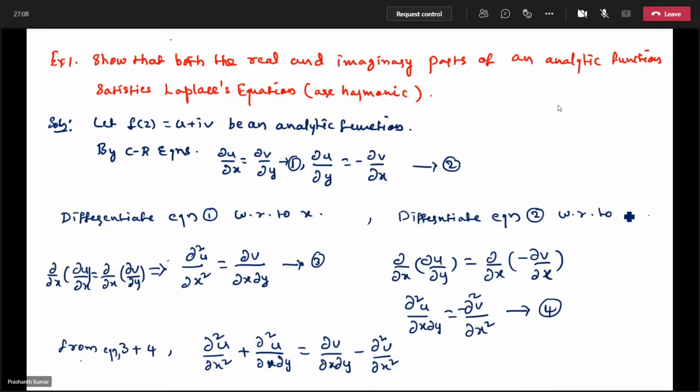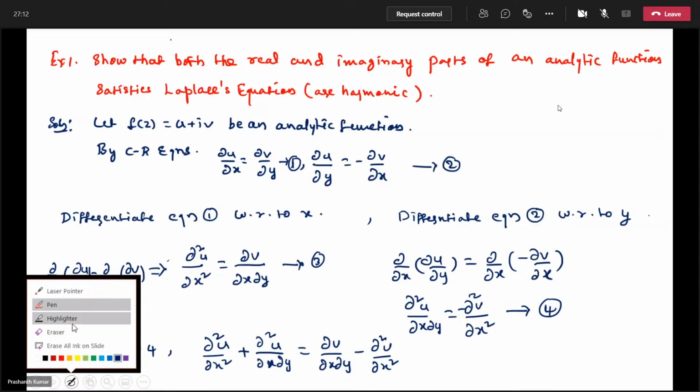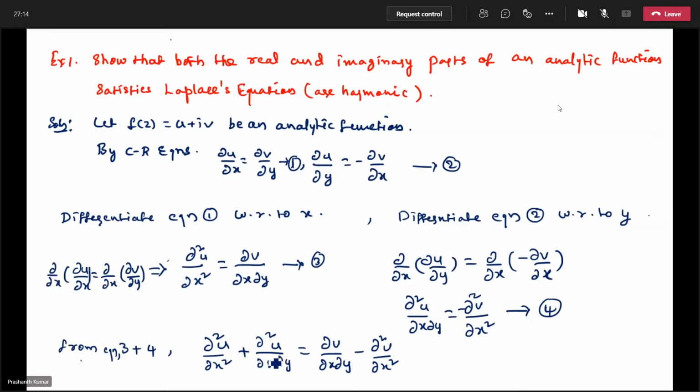With respect to y we do. Therefore, we are getting some problem here. Actually, dou square u by dou x dou y, you will get the same one only.